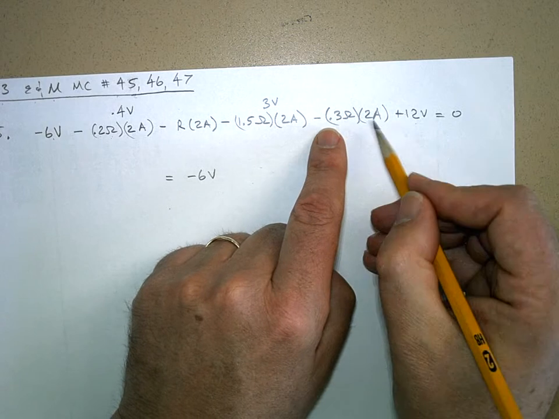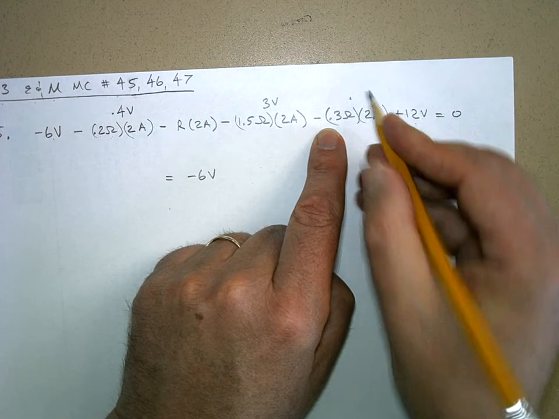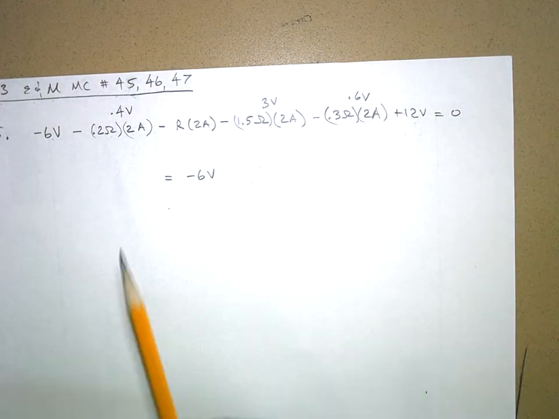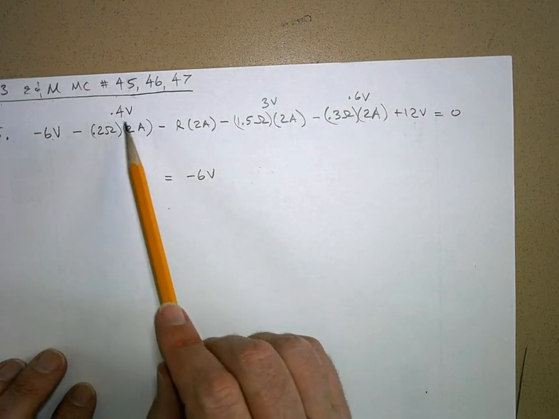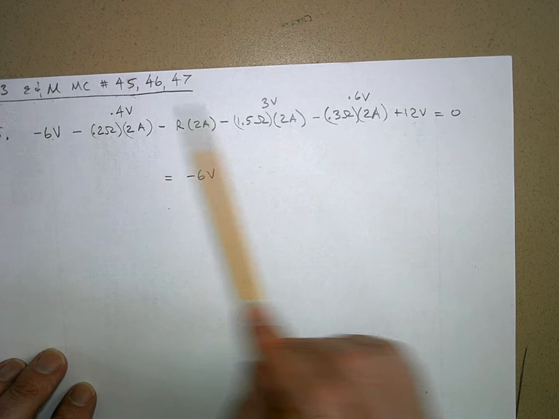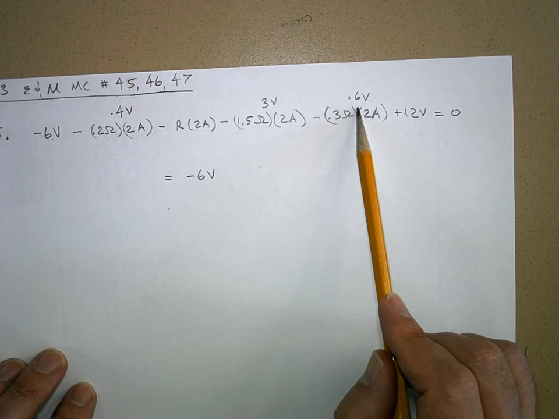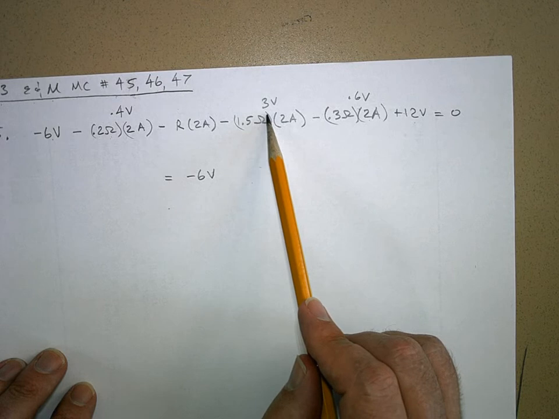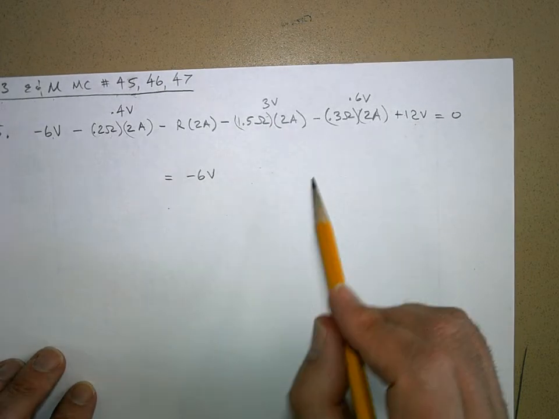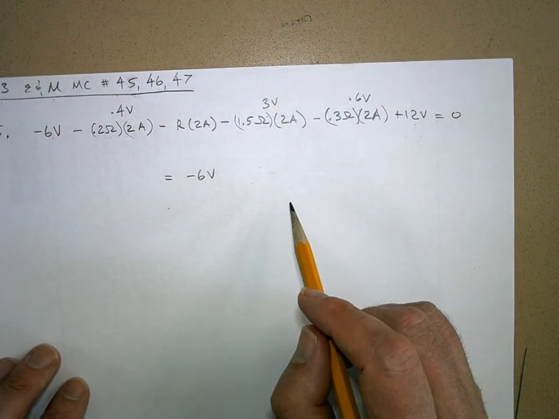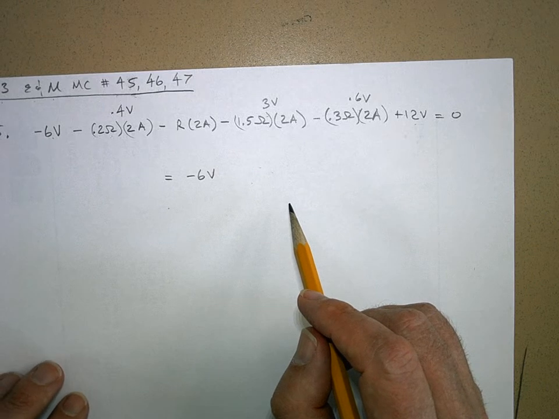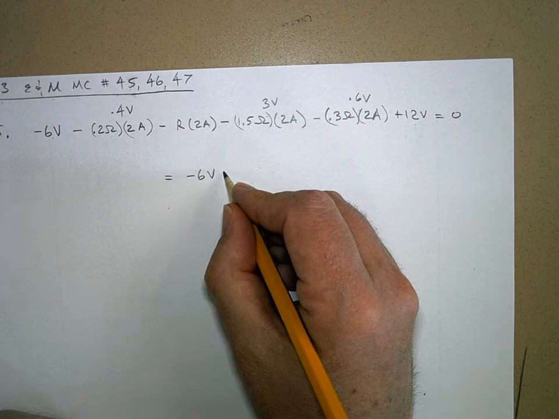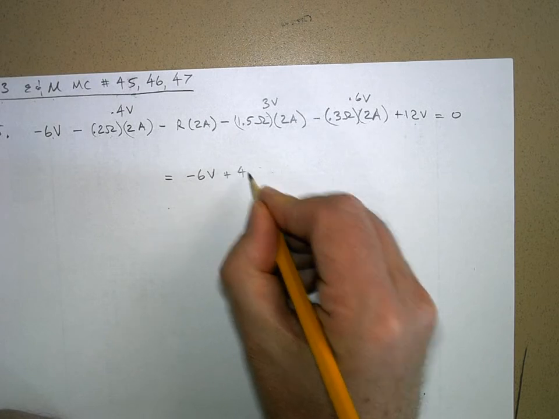And this is 0.6 volts. And these are all negative, right? So negative 0.4 plus negative 0.6 is 1, plus negative 3 is 4. So that's negative 4, and then I'm going to add it to the other side. So I get plus 4 volts.